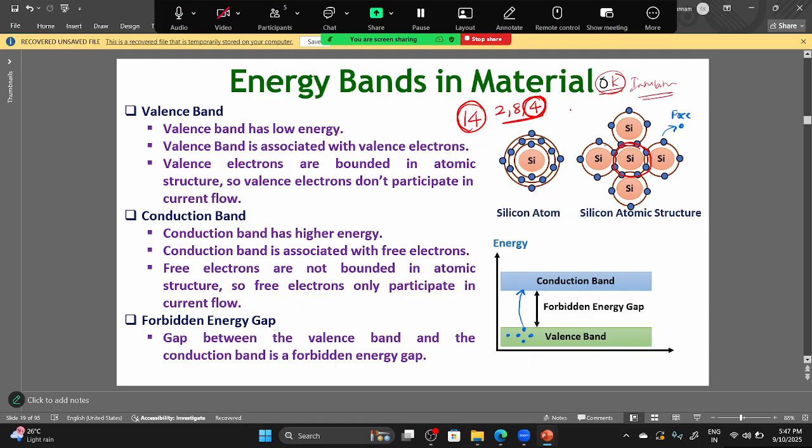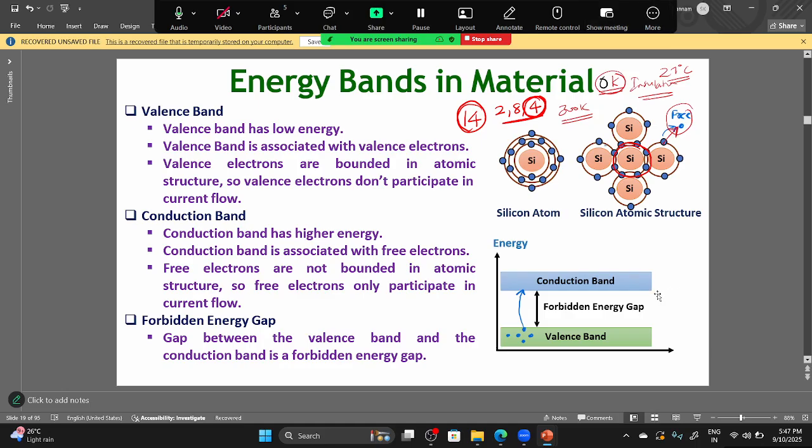At room temperature, that is 300 Kelvin, an electron can break the covalent bond and become free, jumping from the valence band to the conduction band. So some amount of conduction is there at room temperature. For a semiconductor, some free electrons are available in the conduction band, but not that much conduction.